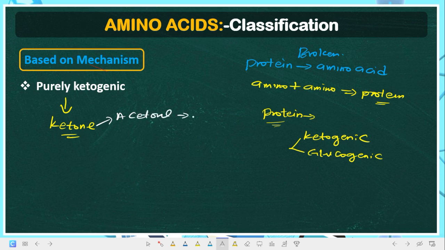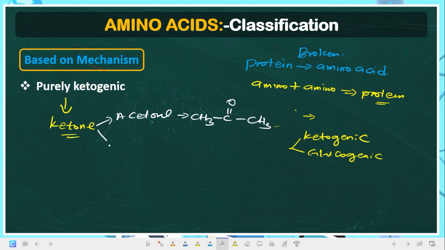What is the formula of acetone? CH3, C double bond O, CH3. That is to say, when these amino acids are broken down, they form acetone, or they can form keto bodies. An example of that keto body is acetone. You can see from the C double bond O, this is the ketone functional group.